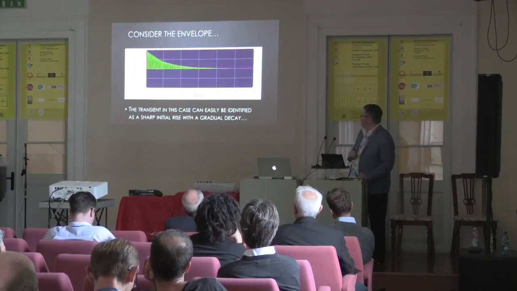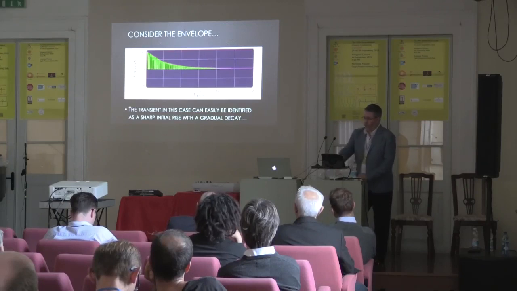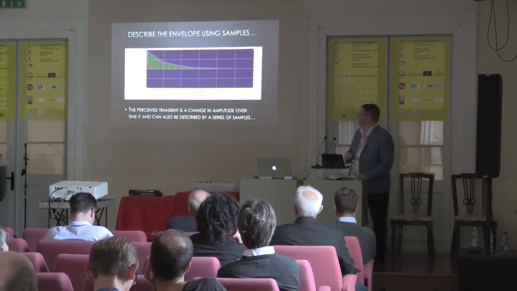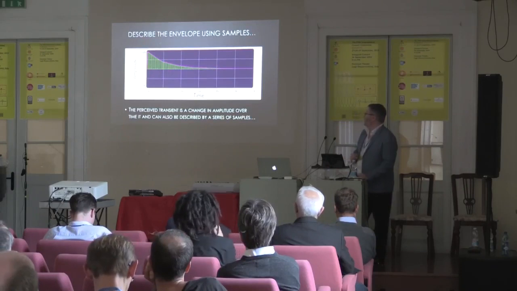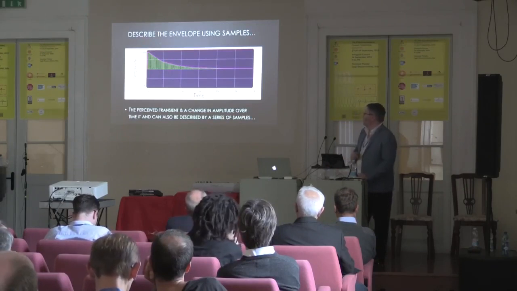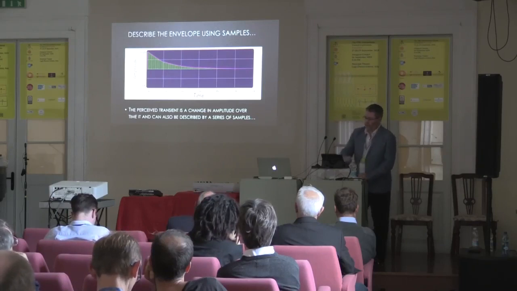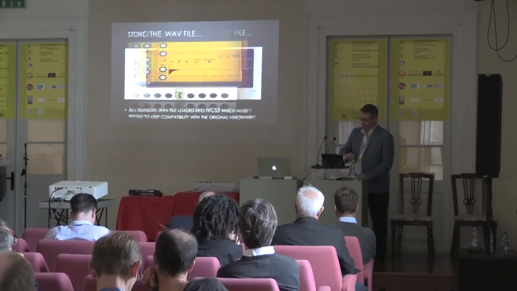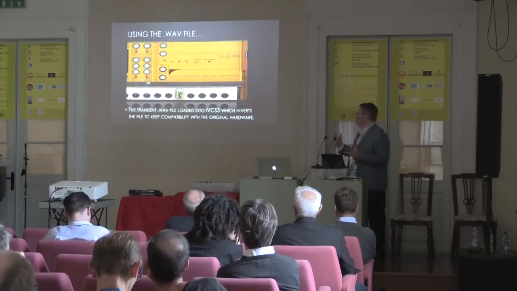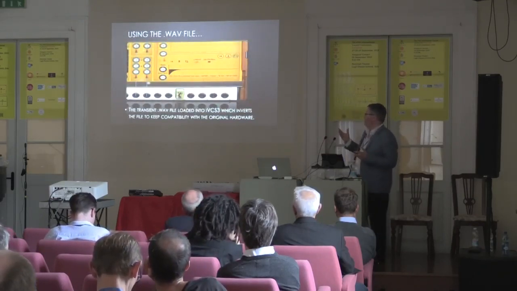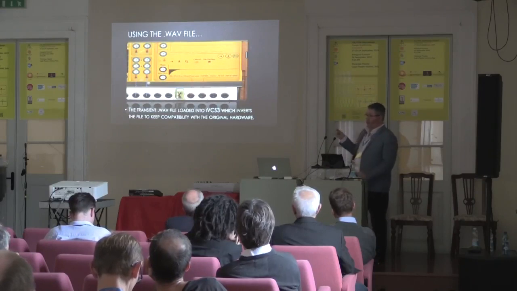You can see there how this is our perception of how the envelope changes. So this then can be represented by individual samples which over time describe how the envelope changes. So you can load this in to ICSC as an audio file.